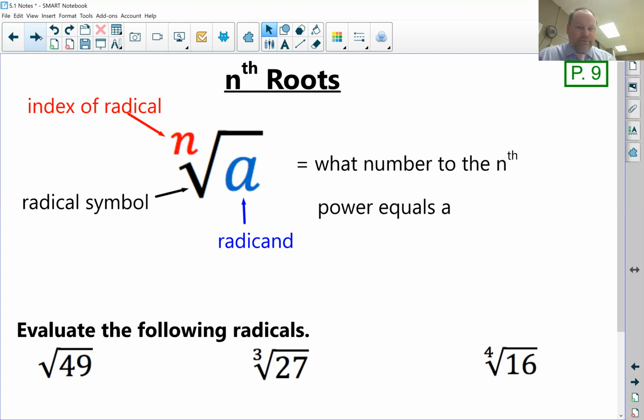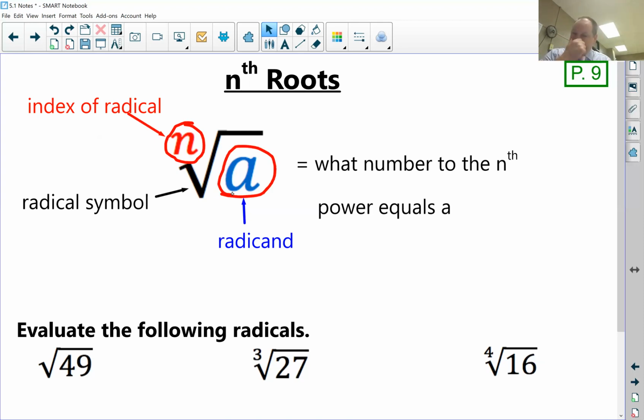So some terminology. A lot of times in square roots, we don't write it, but this tells me what root I'm going to take. So if it's a square root, it would be 2, but again, normally we don't write it there. The thing underneath the radical is called the radicand.